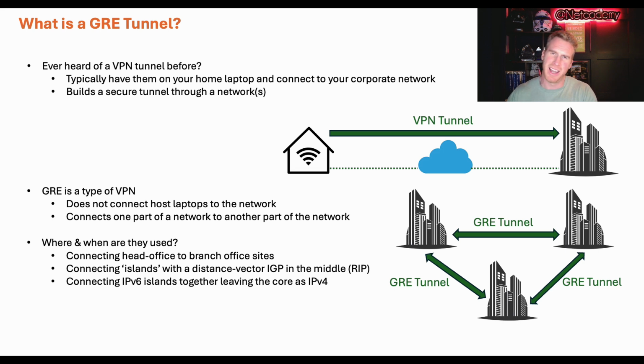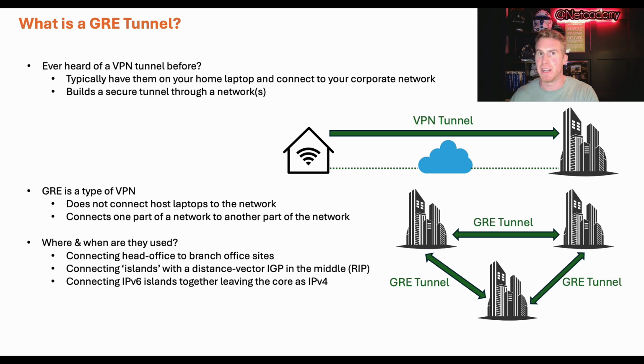And another use case, very similar to that, is say you've got a core network running IPv4, but maybe two of these routers at the access or distribution layer are running IPv6. You could connect those two islands together, those two routers together, using GRE, generic routing encapsulation.